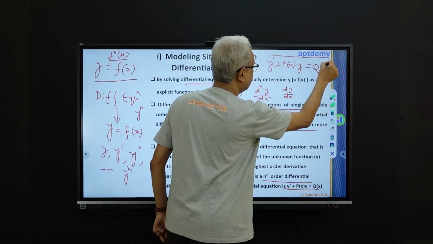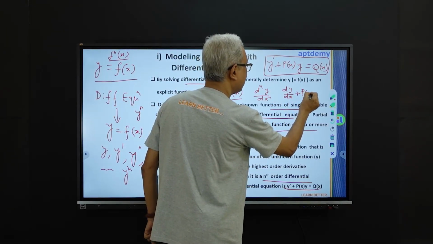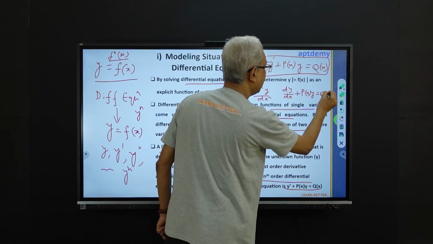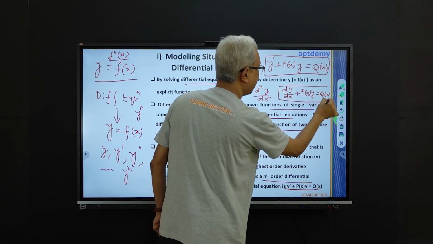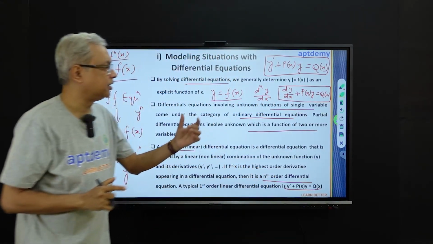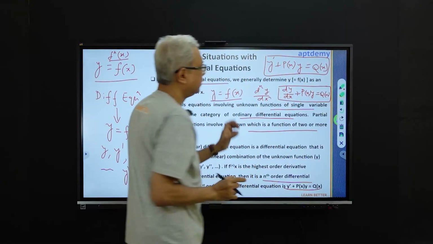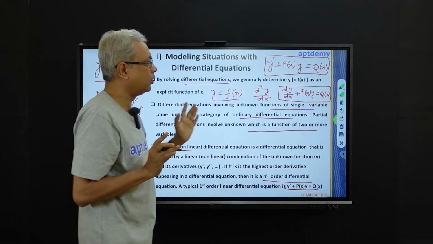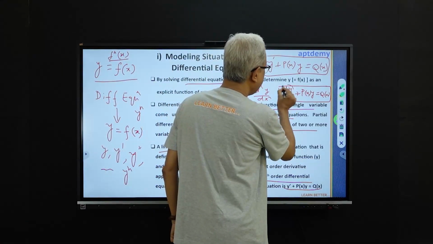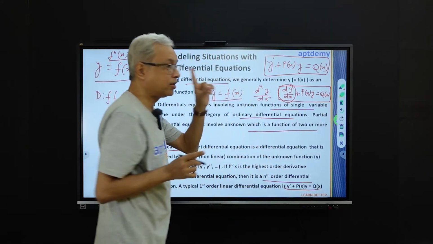In other words, we can write dy/dx plus p(x) multiplied by y equal to q(x), where p(x) and q(x) are functions of x. This is a linear differential equation, where you see y dash and y have a linear combination, only y dash and y are involved, and p(x) and q(x) are functions of x. The highest differential operator appearing is dy/dx, so it is a first order differential equation.